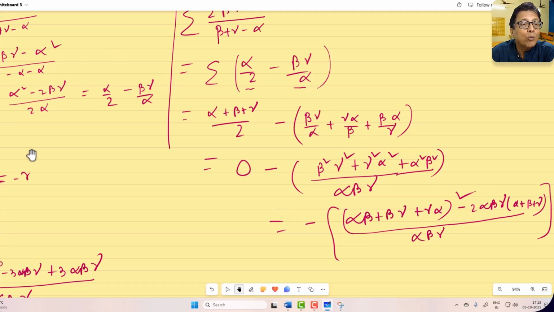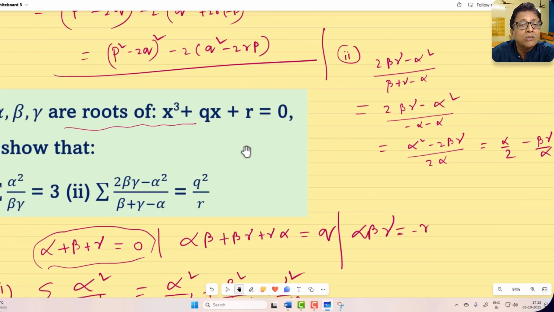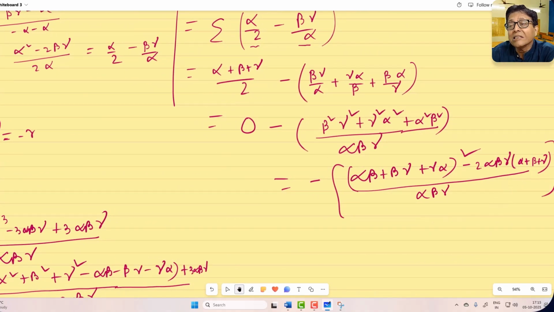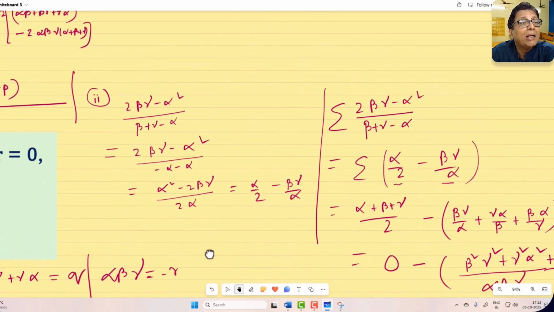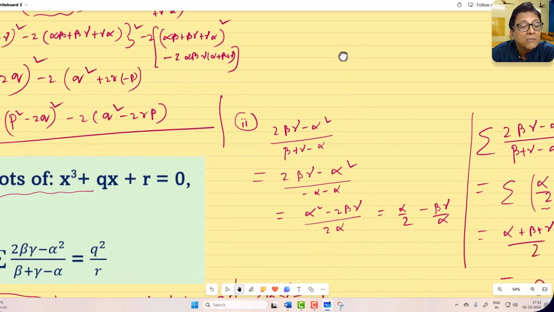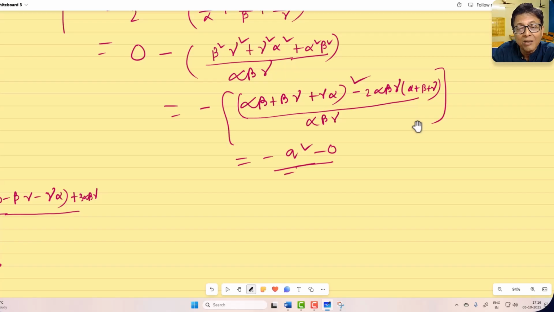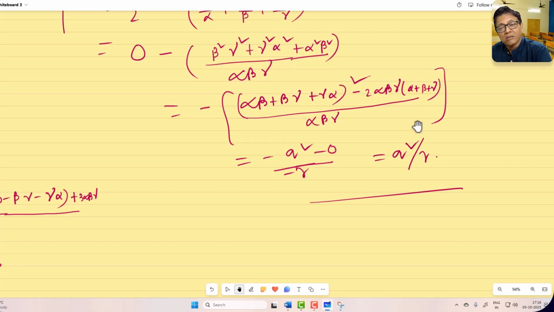Okay? And what have you got? Sum of the roots taken 2 at a time. This you got q. So you put q over there and this part 0. So this is minus q square by product, and this is 0 because alpha plus beta plus gamma is 0, and alpha beta gamma is minus r. So simple. So value is q square by r. Okay.